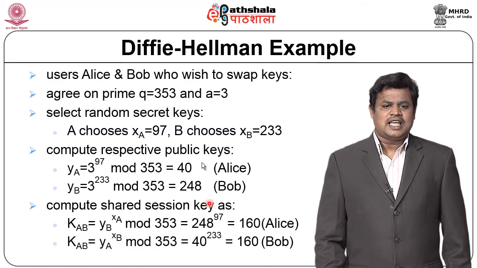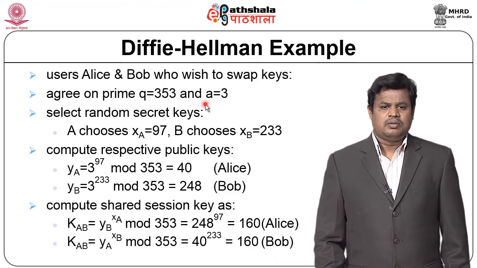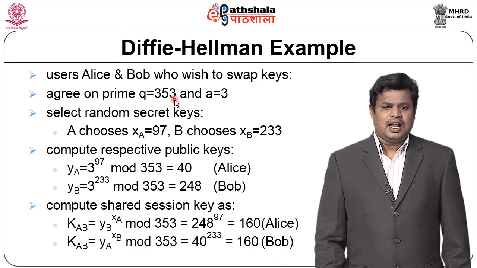Now we look at an example where Alice and Bob wish to share a key. Let us assume that the prime number chosen by both users, Alice and Bob, as well as the generator between both users, is given as 353 is the prime number, and a is the generator 3.